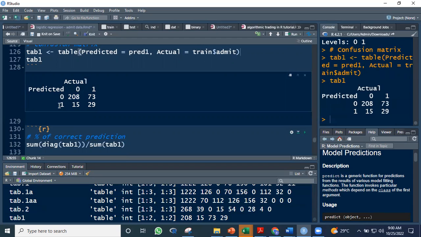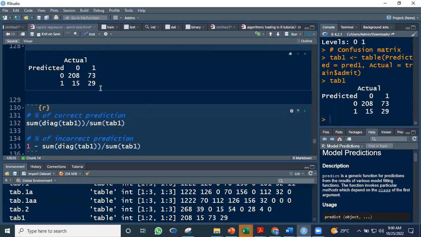We predicted it to be admitted, but actually, itong mga taong to, hindi sila na-admit. So 15. Our model predicted that the person will be admitted, and indeed, it was admitted. So you can see here that the correct prediction is nasa diagonals, 208 at saka 29. Diba? So 0, 0, match, 1, 1, match. Okay, so this is what we call the confusion matrix.